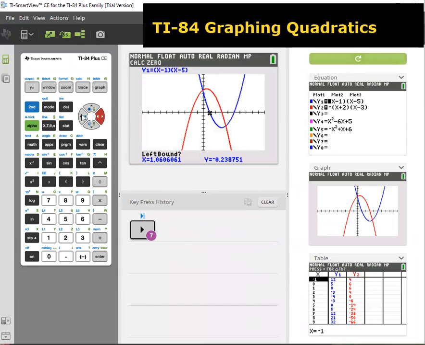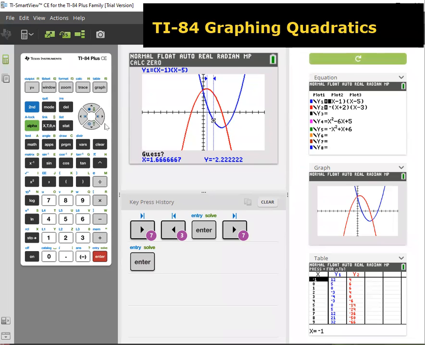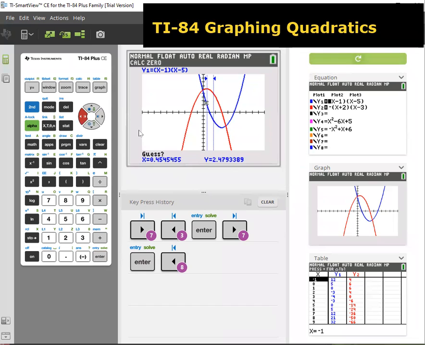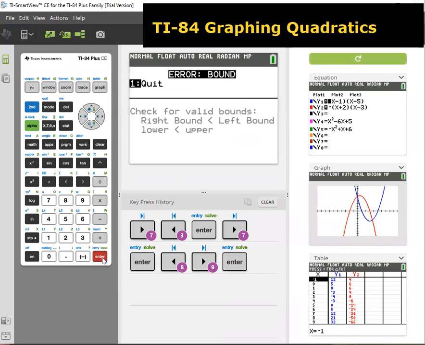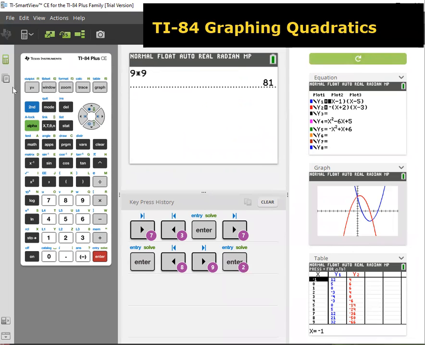So if I move the cursor backwards, and put up a lower bound, and then go into quadrant 4, click enter, it'll ask for an upper bound. I know the 0 is trapped because the line crossed from positive y values, here's 2.47, down to negative values. So within that region, since it went from positive to negative, a 0 must be contained there. When it says guess, hit enter, and it says there's an error bound.